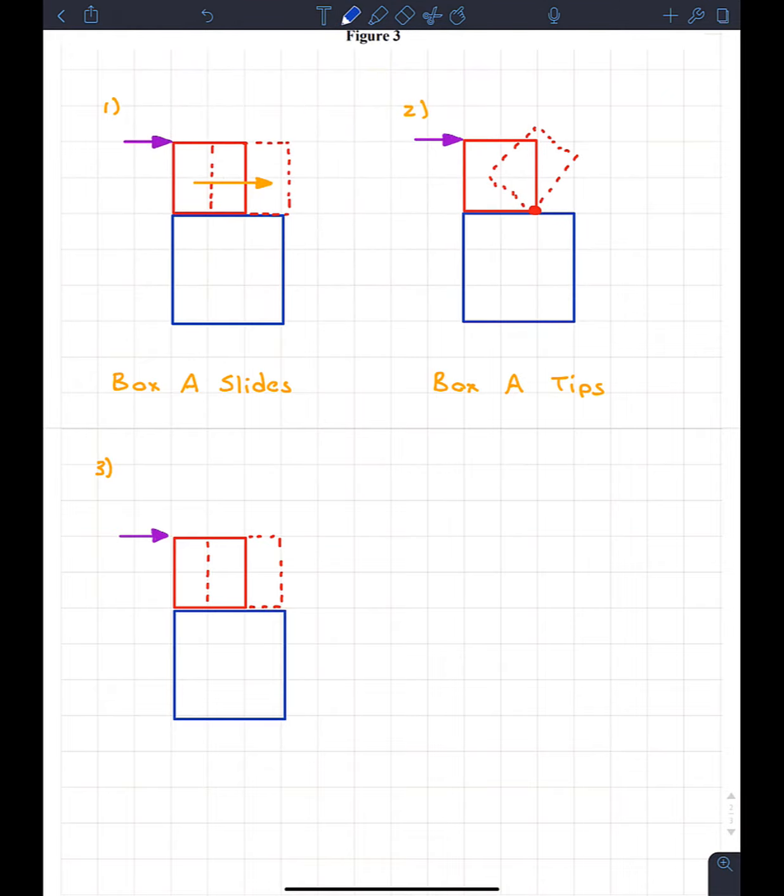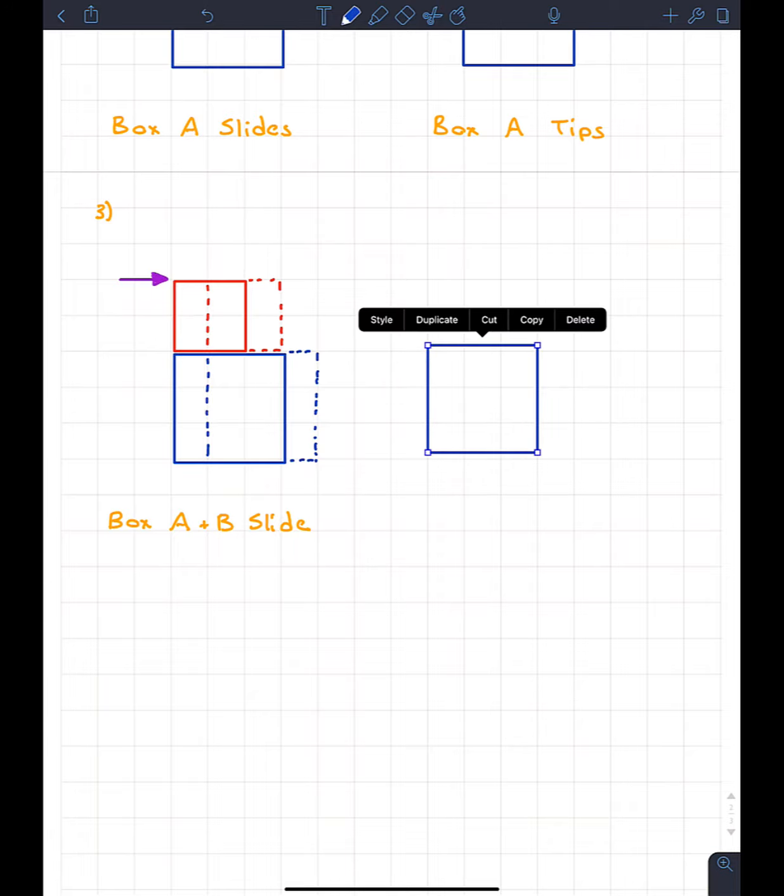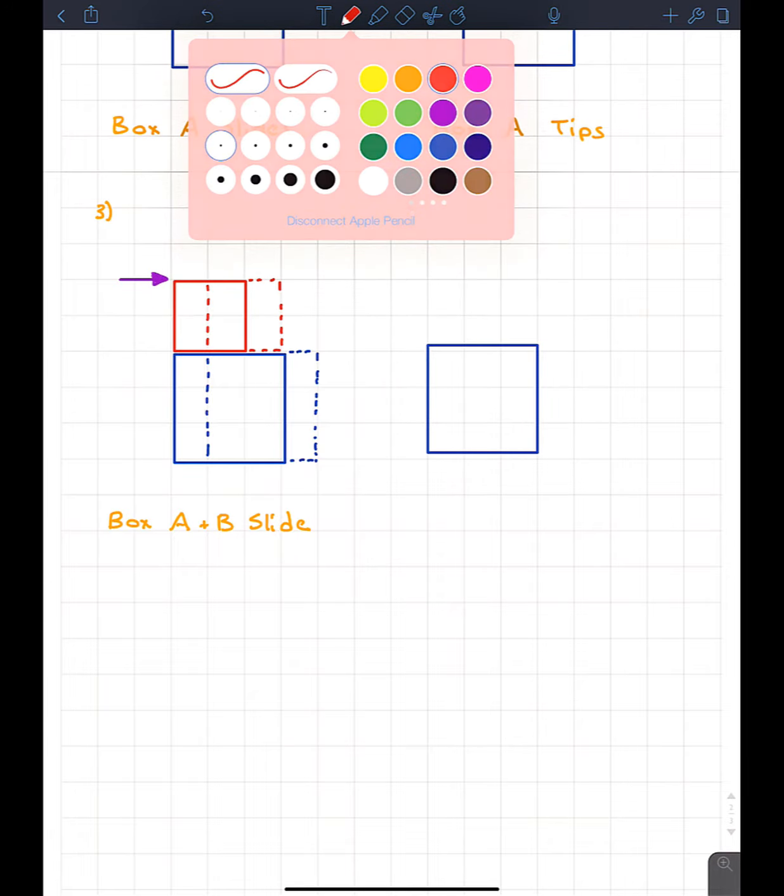And finally, the last one that could potentially happen, it's kind of funny, but it could definitely happen, and I've got to draw these again, I should have copied them. Since box A is so much heavier than box B, if they act as one single unit, there's the possibility that they may both tip together.